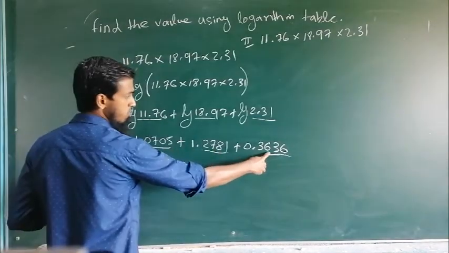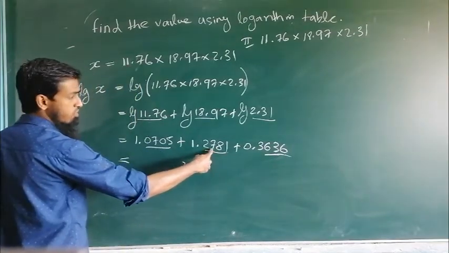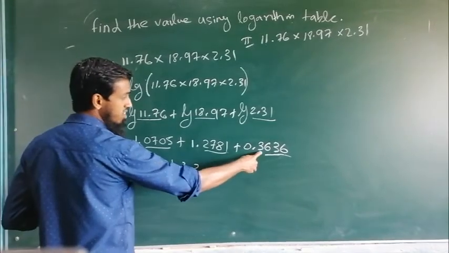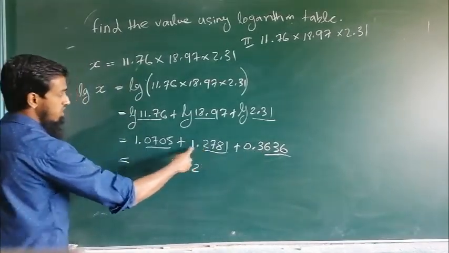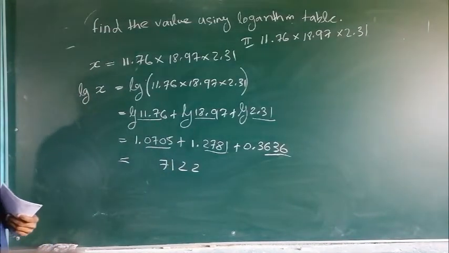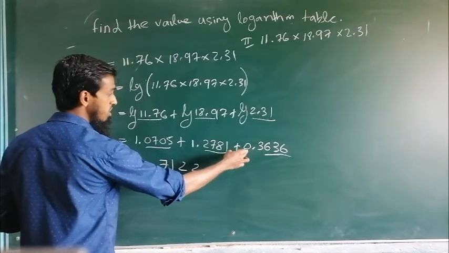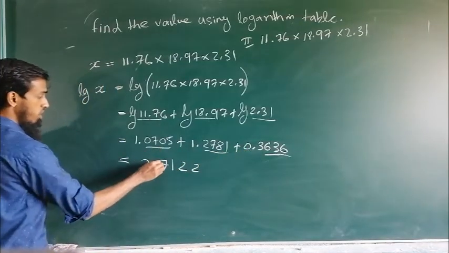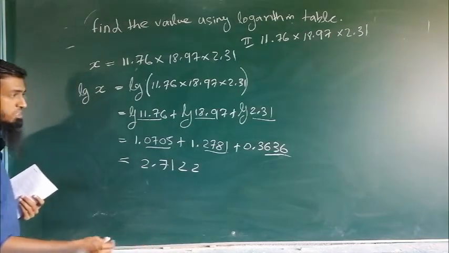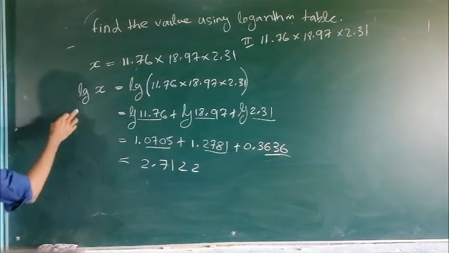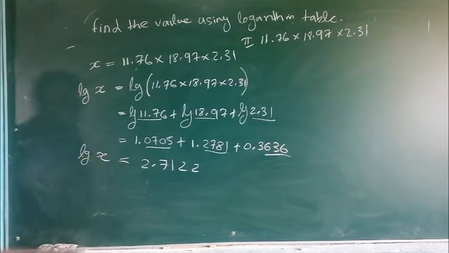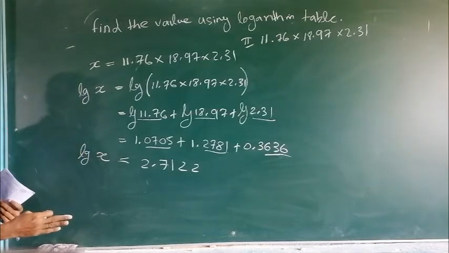So 1 remaining, 1 plus 6, 7, 7 plus 7, 14, 14 plus 7, that is 21. So 2 remaining, 2 plus 3, 5, 5 plus 2, 7, 7 plus 0, that is 7. So nothing remains. Before the decimal place, we have 0, 1, 1, so 2 point. While you add or subtract the logarithm part, you need to write the left hand side part, LG x.